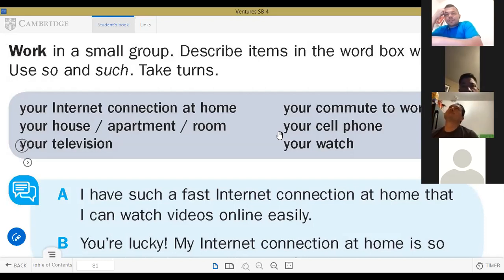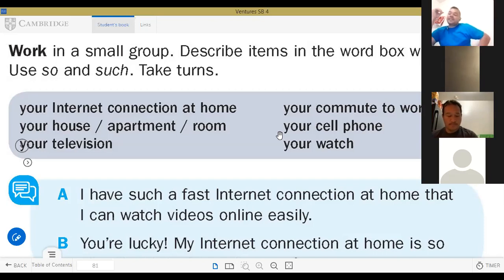It's so slow. Or you can say, I have such a slow internet connection. Right. My internet connection is so slow, or I have such a slow internet connection.